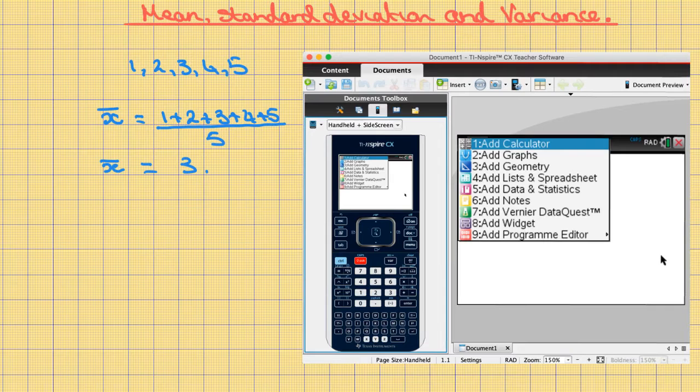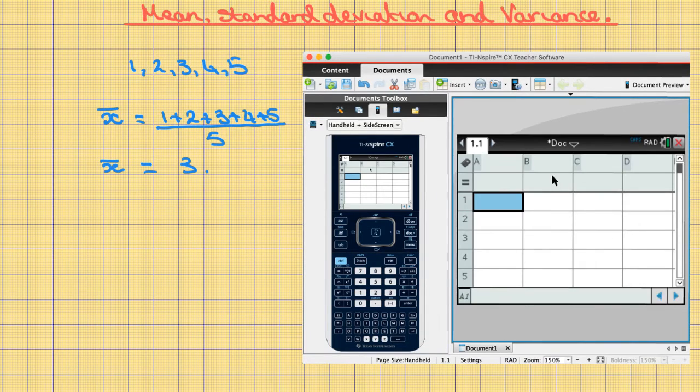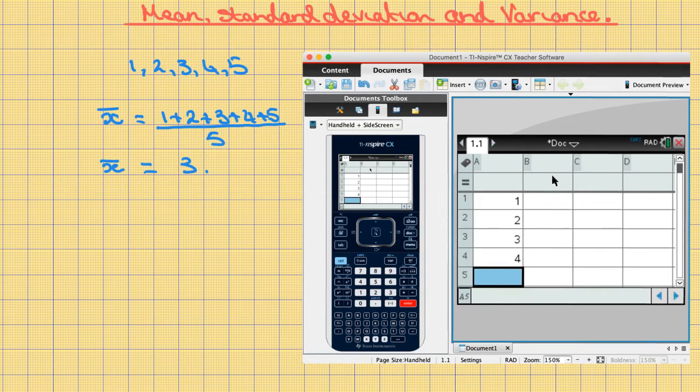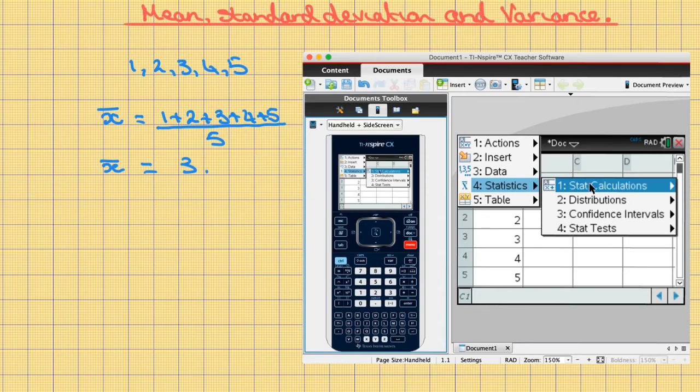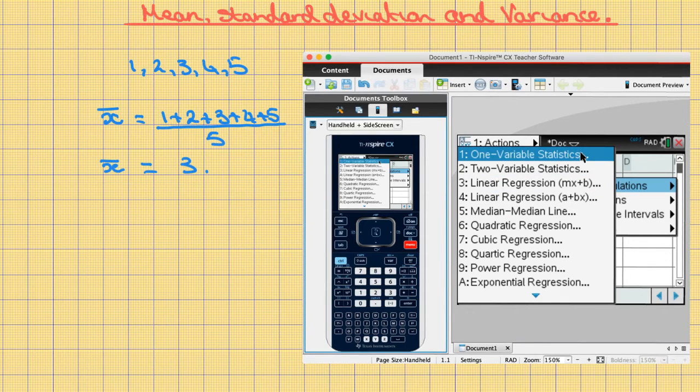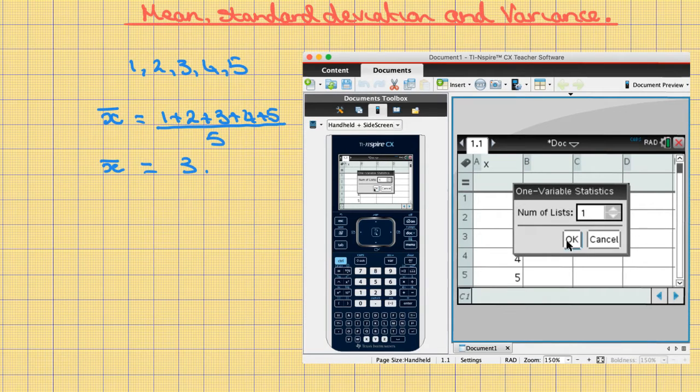TI-Nspire: open a spreadsheet, type in your numbers 1, 2, 3, 4, 5, give your list a name, say X, go to a spare cell, menu, statistics, statistical calculations, one variable statistics, there's only one list.